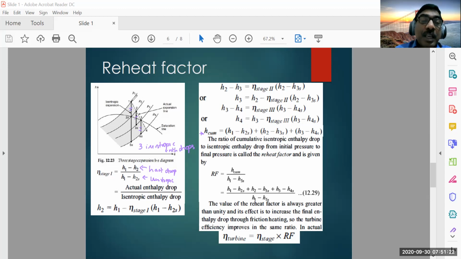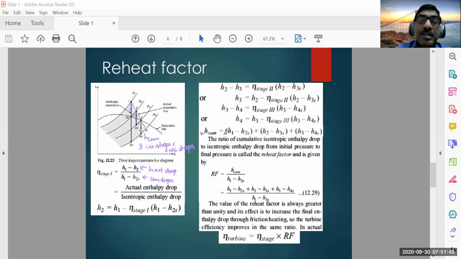See, if you are taking a direct expansion from 1 to 5s, this is the isentropic enthalpy drop. But if you are taking stage-wise, this is one isentropic enthalpy drop, this is another isentropic enthalpy drop, and this is another one. If you add these three enthalpy drops, this is equal to H cumulative.